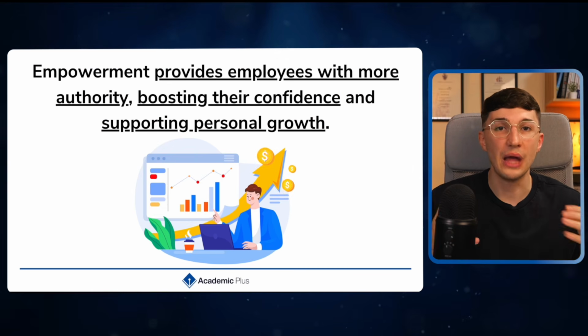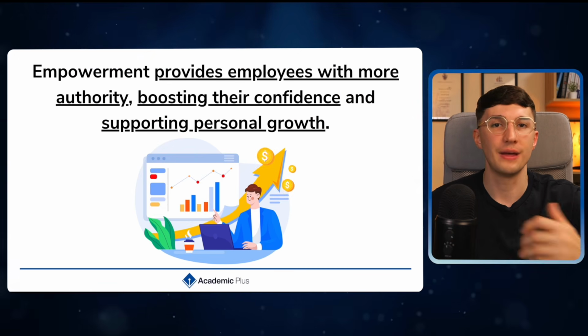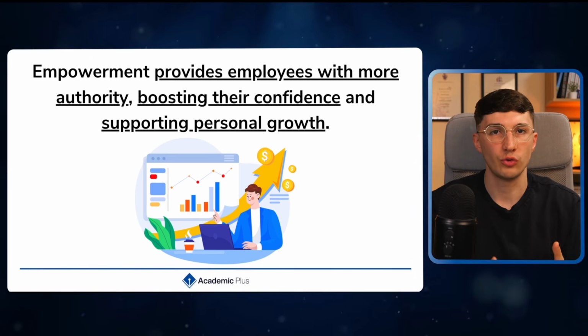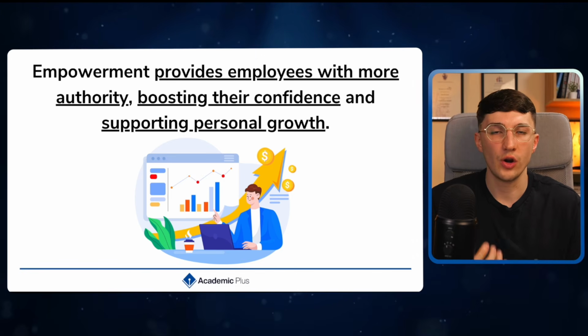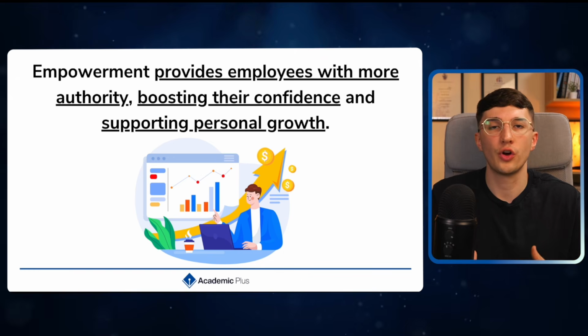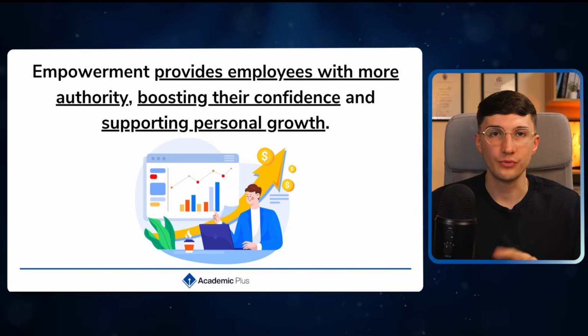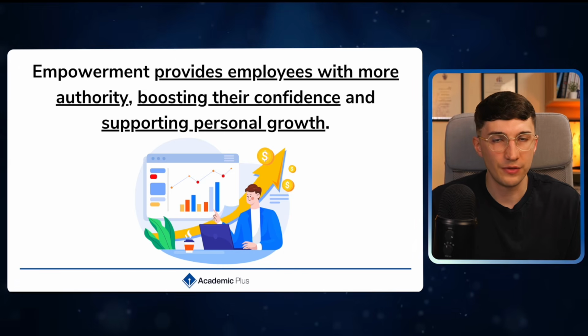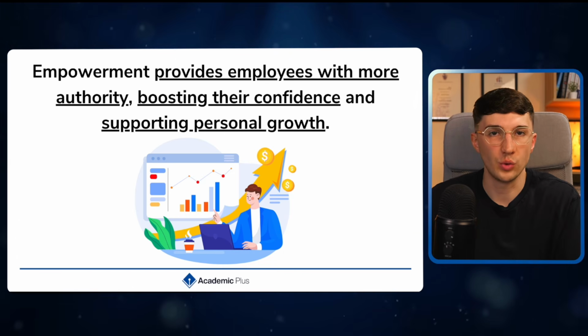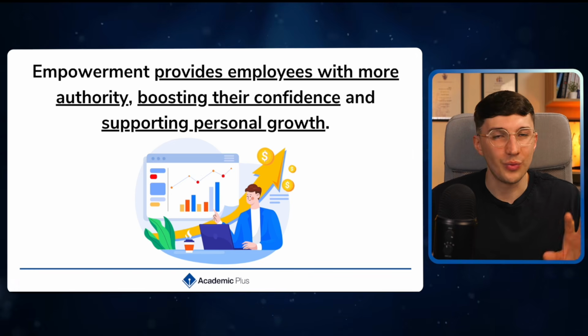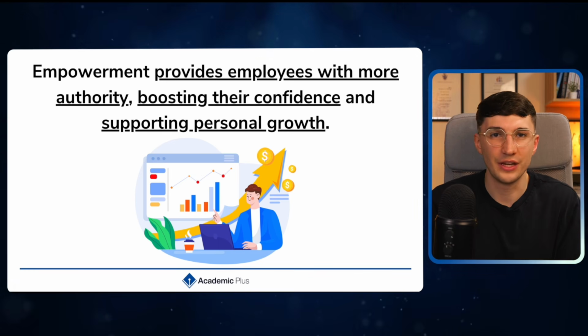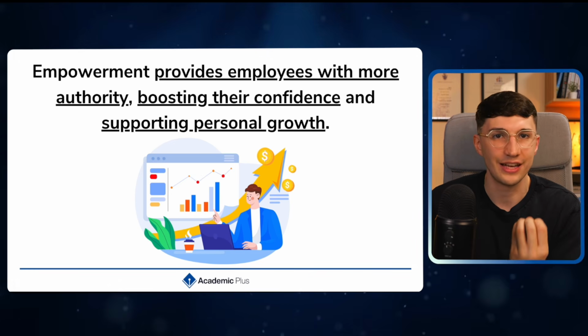Now, if we want to empower someone, we're giving them the power. We're giving the employees the autonomy so they take more control over their work and take on more autonomy in terms of decision making. So in order for an empowerment strategy to be successful, first of all, we want to provide training for the employees. We want to support their personal growth. And by doing this, once again, we show that we value the employees. We show that the employees are an asset to the business.